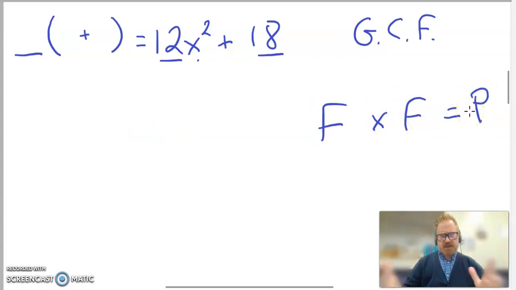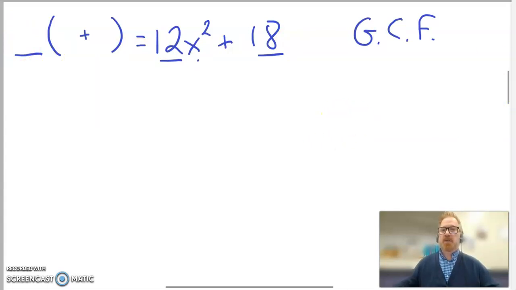That's just the basic kind of language of multiplication. So what we want is a monomial factor times a binomial factor to give us this new product. And the way we can figure out this monomial is the greatest common factor of these terms. So I think as we get some practice with this, it'll make some more sense.